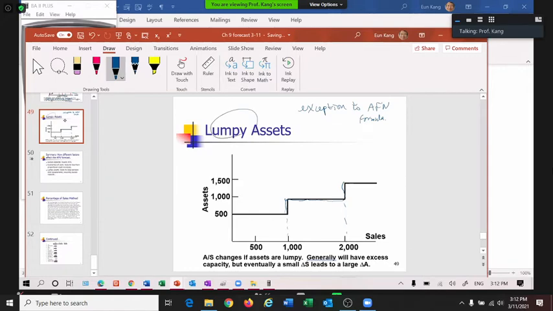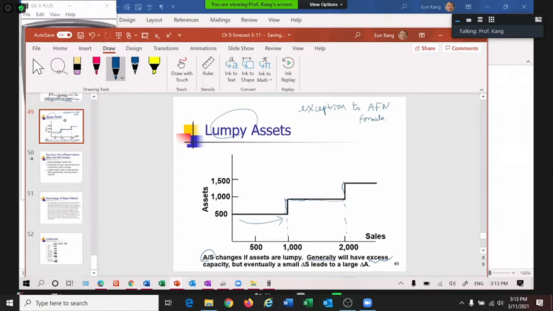So this capital intensity ratio, asset over sales, changes if assets are lumpy like this. This is a more general case. Generally they will have excess capacity, right? Until here, then at this point, 100%, they have to build a new factory to increase their sales.